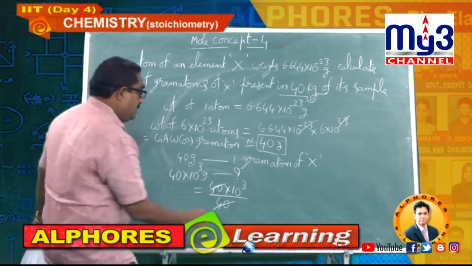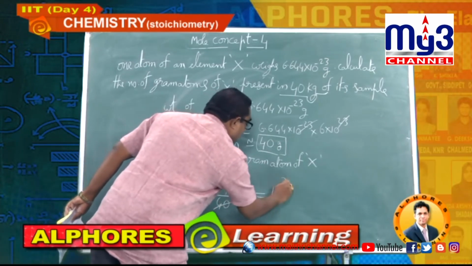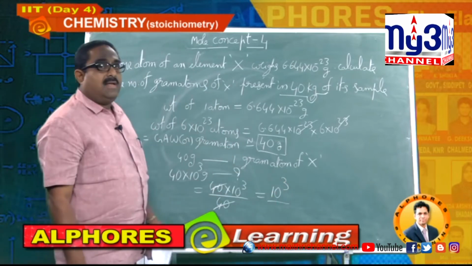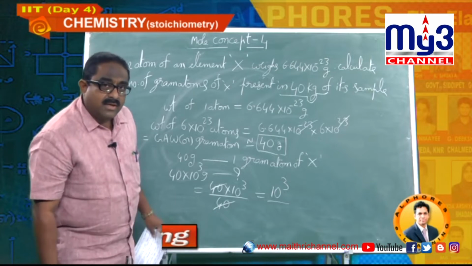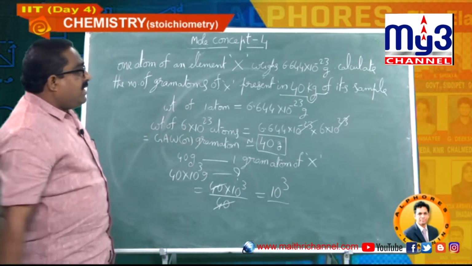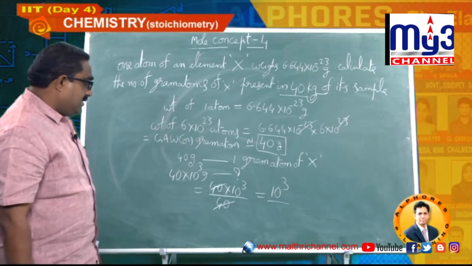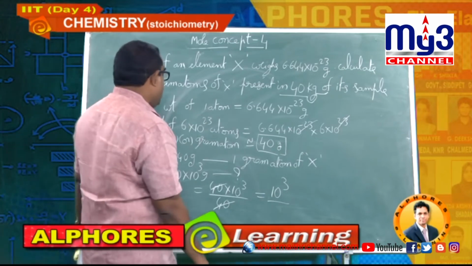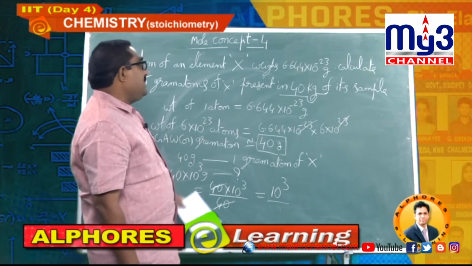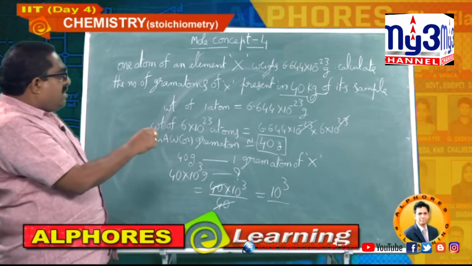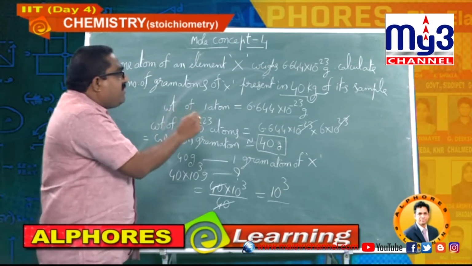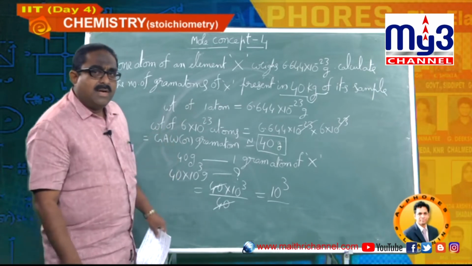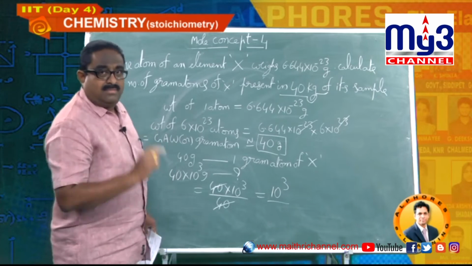That is 10 cube, that is 1000. So finally we got the answer as 1000. So in the given sample of 40 kg of X, the number of gram atoms is 1000. This is based on the simple definition, that is GAW, what we have learned in session 1.